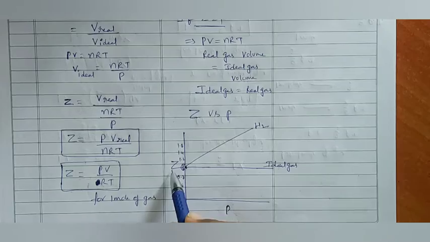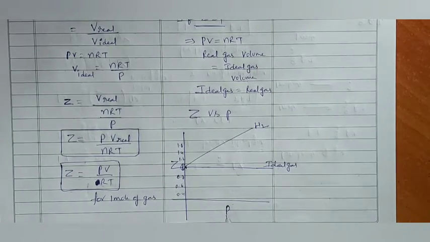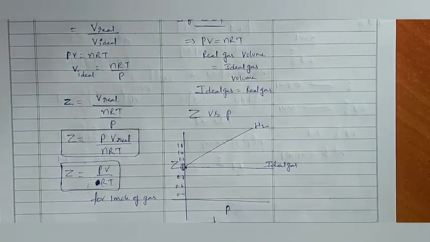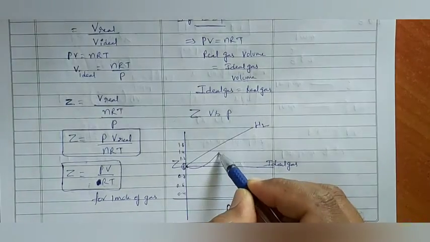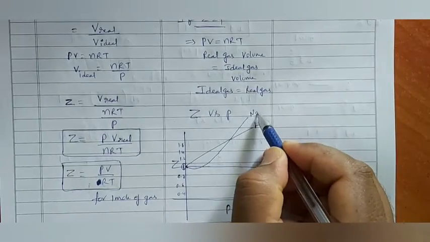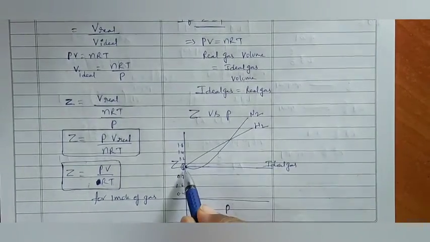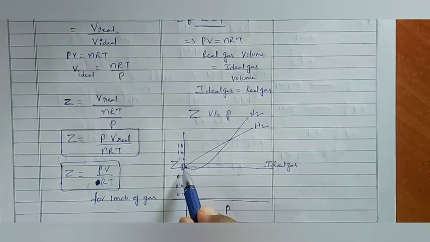On the y-axis we have taken Z, on the x-axis we have taken P. Okay, next. If you take nitrogen gas, even every gas is behaving like ideal gas at low pressure only.